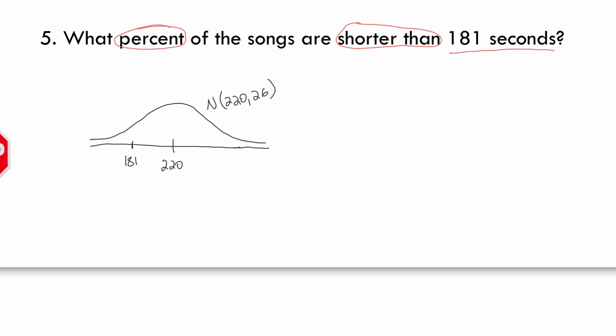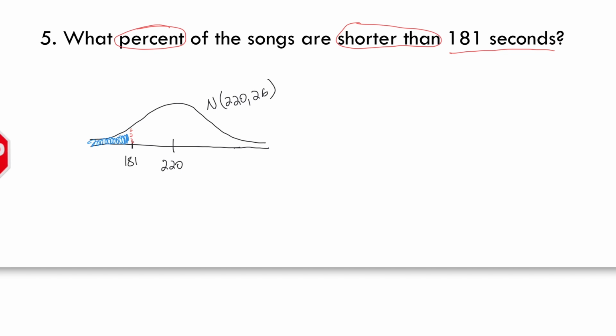We want to shade either the left side or the right side of 181. Since it says shorter, that means less than, fewer, or below, so it has to be something less than 181. The numbers less than 181 are on the left side of that value, so I'm going to shade all the area on the left side.